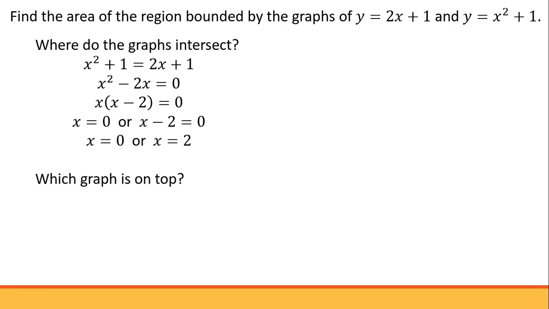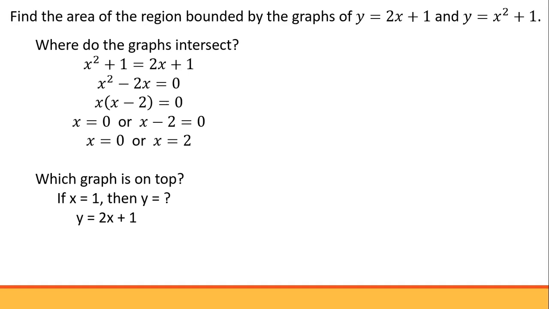So which graph is on top? Well, we know that in between 0 and 2, one of those graphs has to be up on top. So let's just pick a number in between 0 and 2, like 1. Substitute that x value in each equation and see what the y value is.